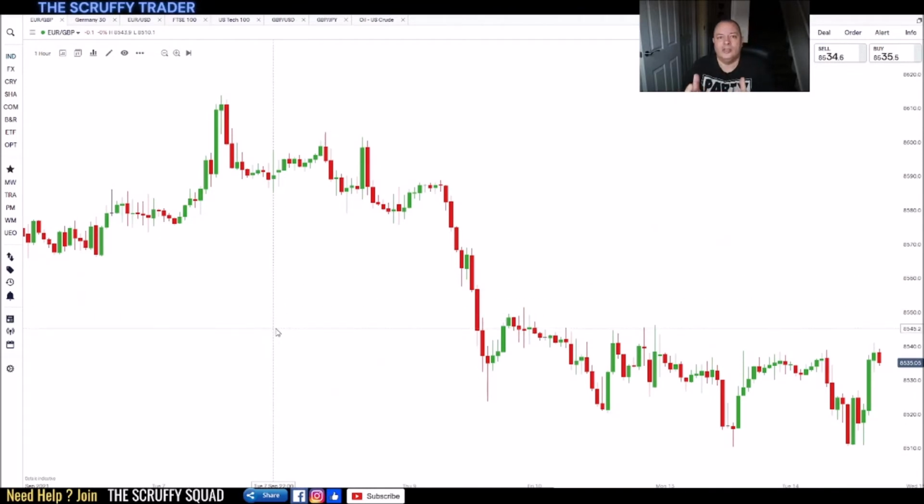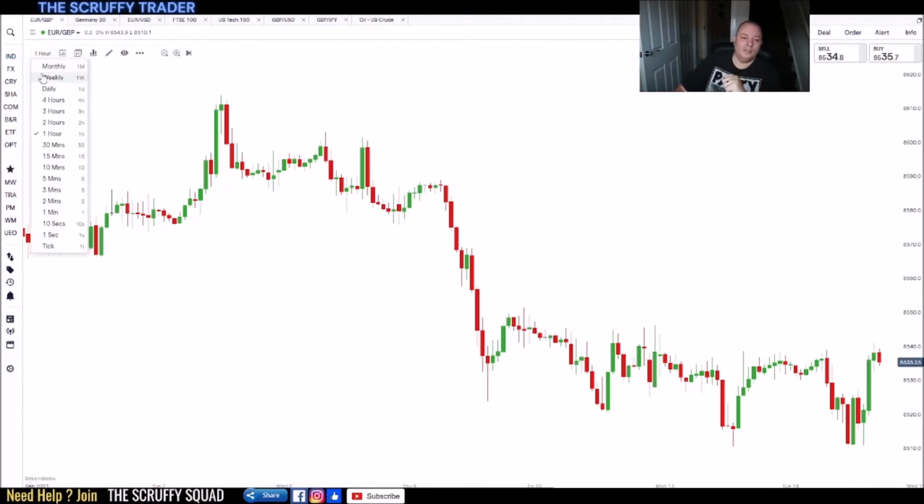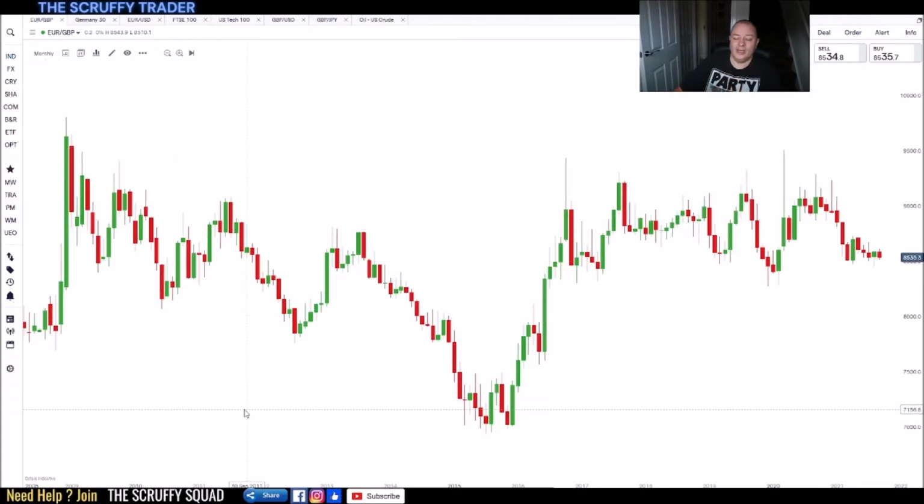But this is on what's called a time frame, and the time frame you're looking at this moment is 1 hour. You might want to look at a higher time frame. You might want to see an investment portfolio across a few months. So you want long term, and that's what this is for. So there's your monthly. It looks identical.